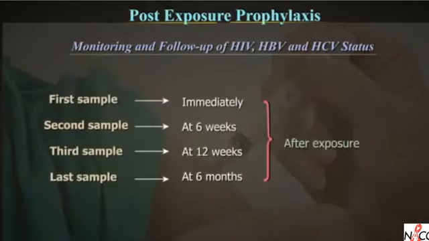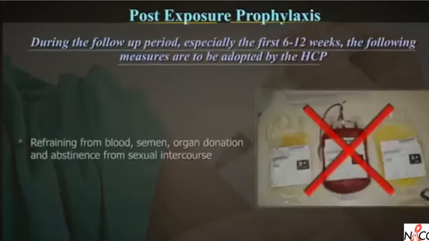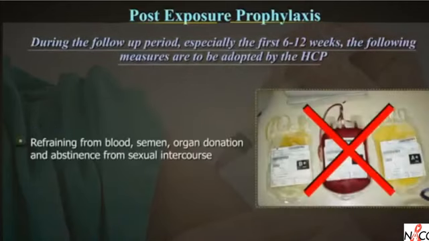The first sample for HIV testing is collected immediately after exposure, the second at 6 weeks, the third at 12 weeks, and the last at 6 months after exposure. During the follow-up period, especially the first 6 to 12 weeks, the following measures are to be adopted by the healthcare professional: refraining from blood, semen, and organ donation, and abstinence from sexual intercourse.